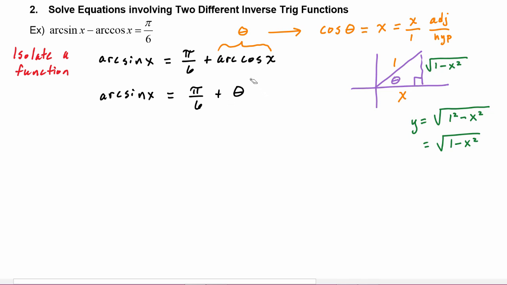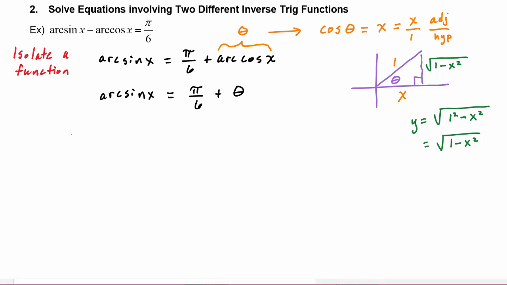Now this is going to be a temporary substitution. Eventually we will have to get back to x because that's what our equation was written in terms of. But substituting momentarily allows us to get rid of one of the trig functions for just a few minutes here. Now we know to undo an arcsine function, we will need to take the sine of both sides.